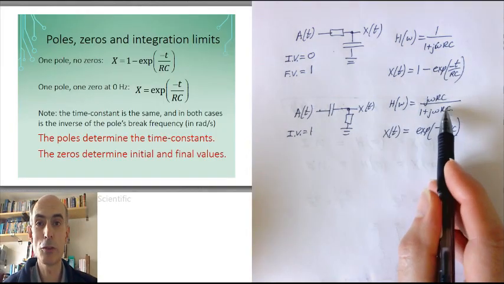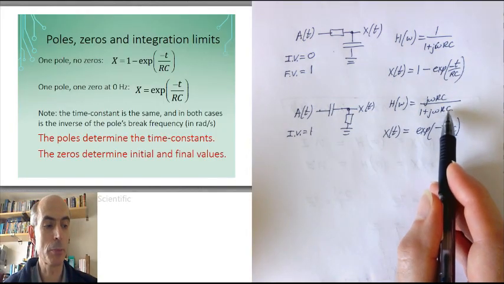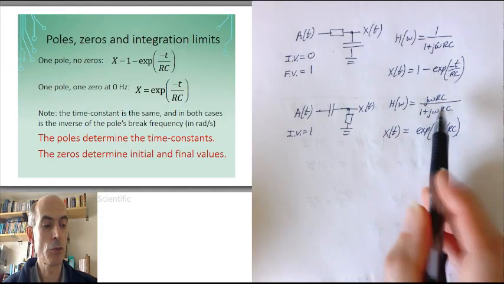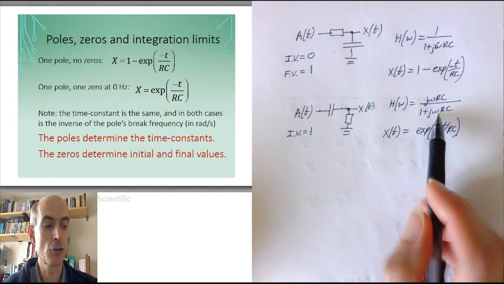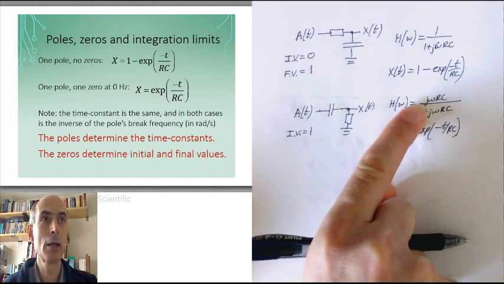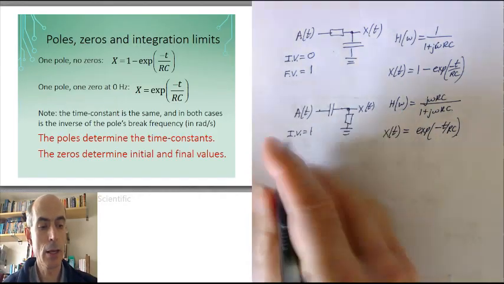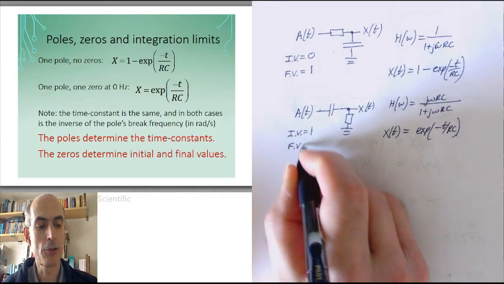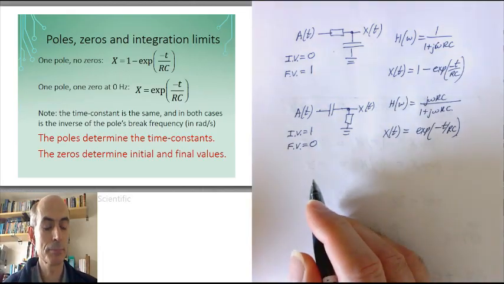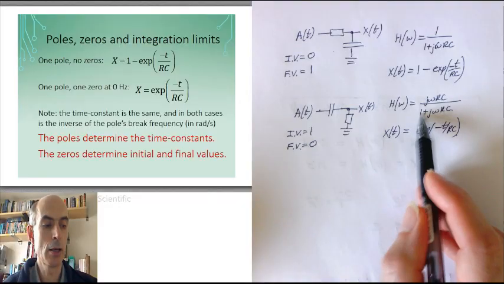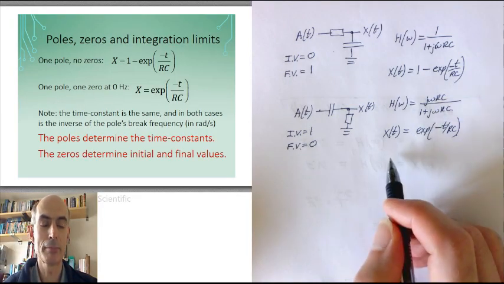Looking at the frequency response, we could equally get that by substituting in omega equals infinity, and once omega gets very, very large, we can neglect the 1, and that just gives us j omega RC over j omega RC, which is 1. And its final value is 0, which we can get from the frequency response by substituting in omega equals 0.